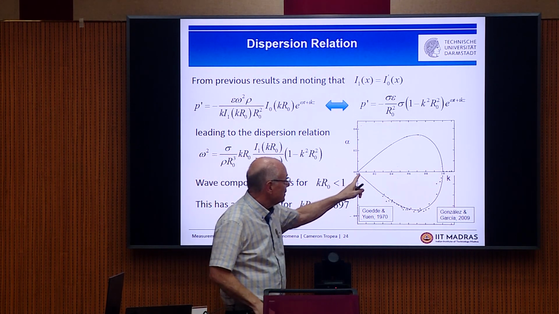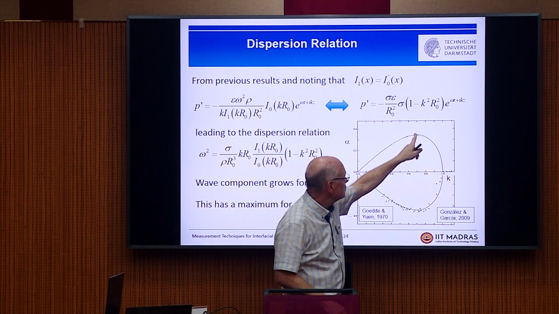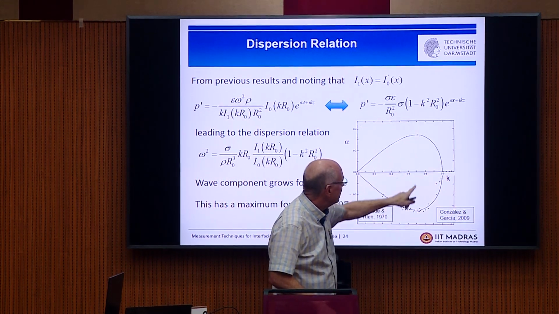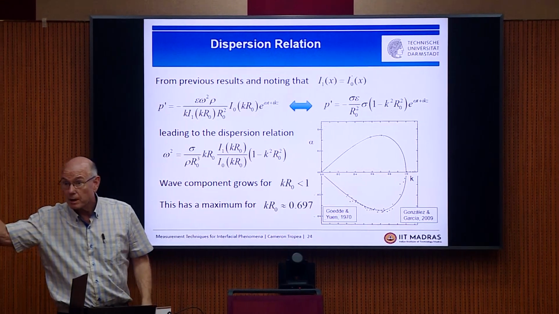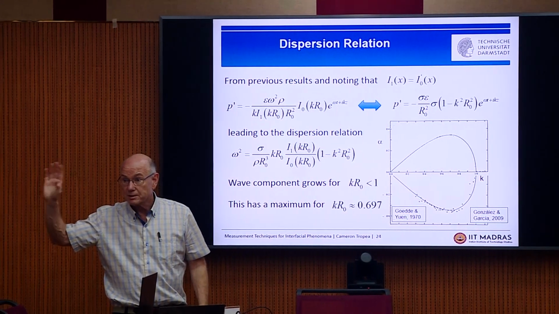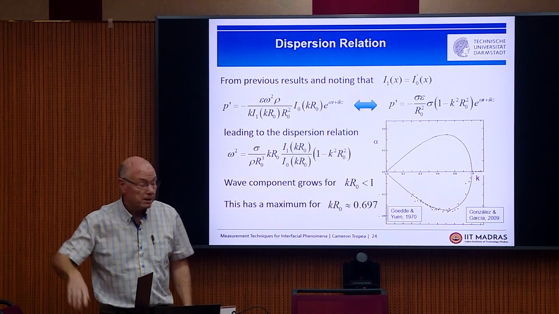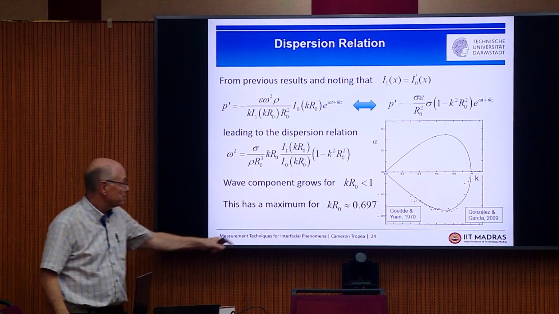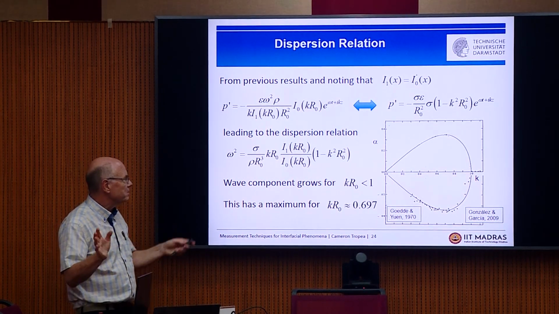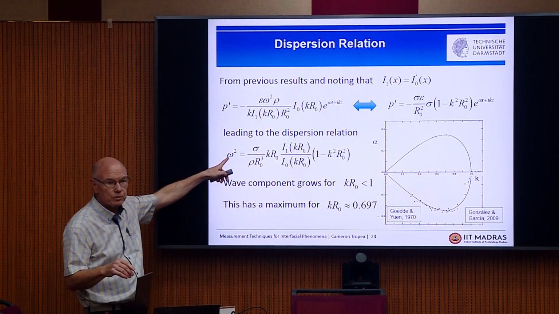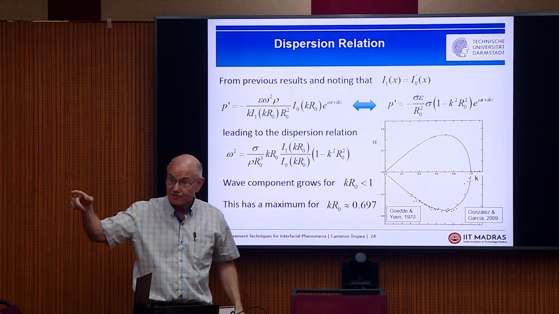And so you can see here the dispersion relation has a certain maximum at some wave number, and that's the lambda optimal we were looking for. That's the wave number that's going to dominate. And it turns out that it's 0.697 or something. I'm going a little bit fast, but that gives you then omega is 2 pi f.